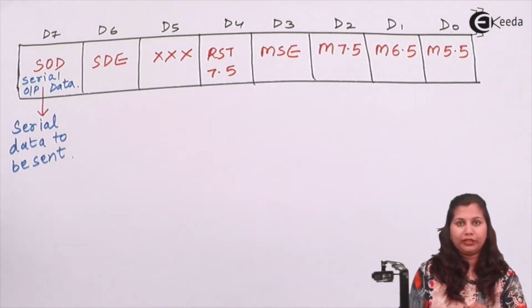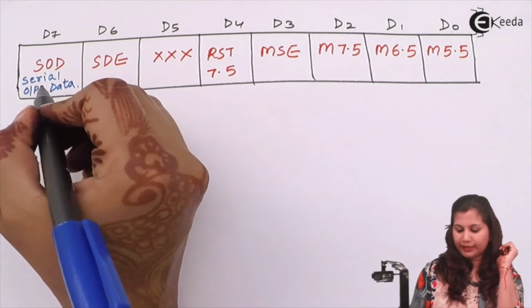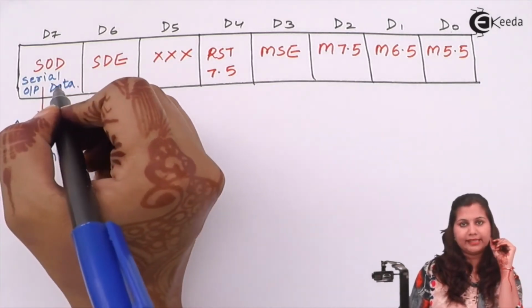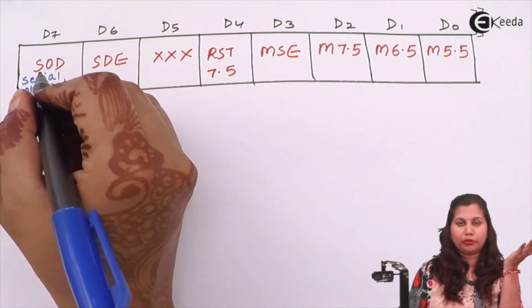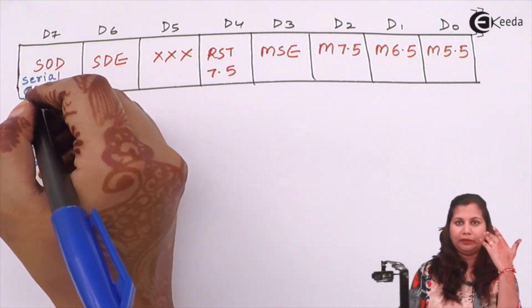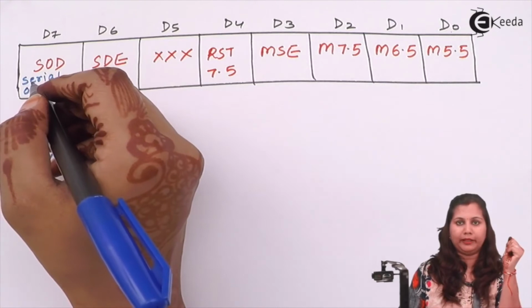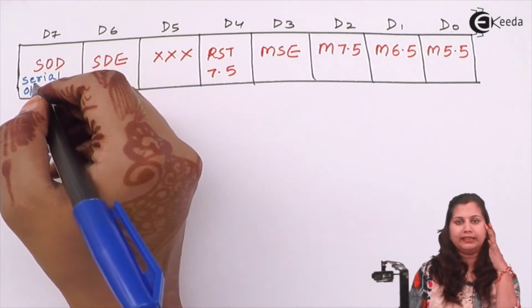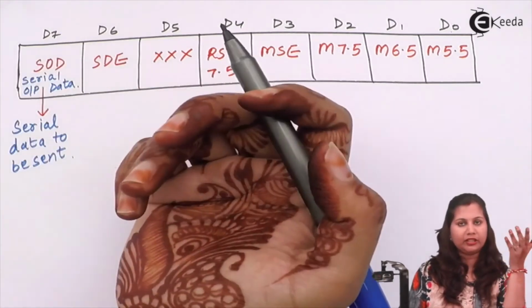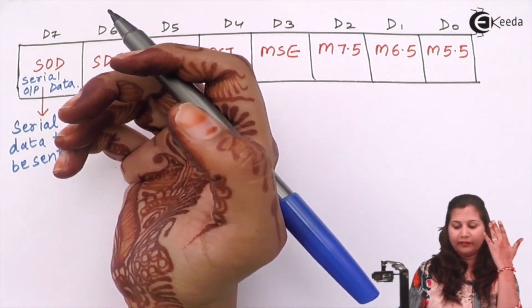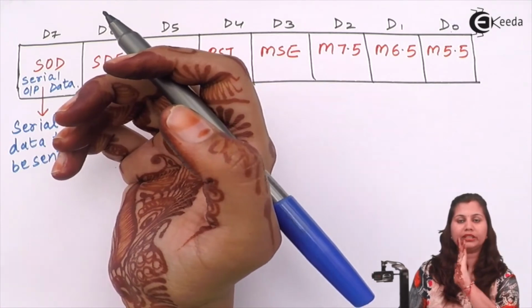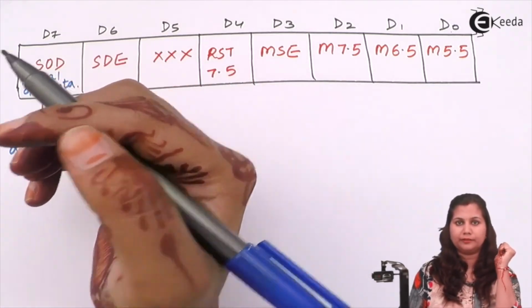That output bit is provided by this D7 bit. If it is 0, then 0 will be given as the output bit. If it is 1, then 1 will be given as the output bit, because the microprocessor deals in zeros and ones. So that bit will be given as an output during the serial data communication.